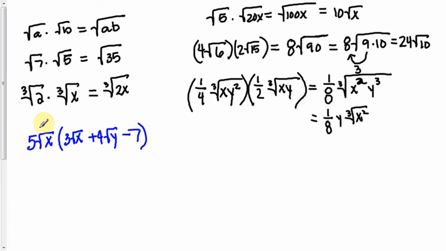And you would use your distributive property. So you're going to do 5 square root of x times 3 square root of x. Okay, outside times outside, inside times inside. That's what I always tell my students. So 5 times 3 is 15. The square root of x times the square root of x is x squared, and Ronnie said that's x.